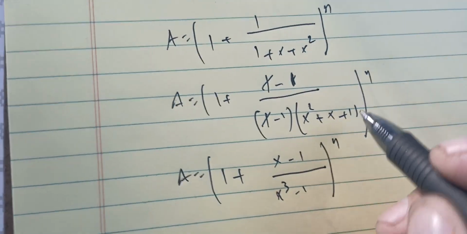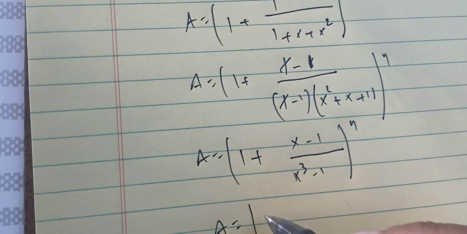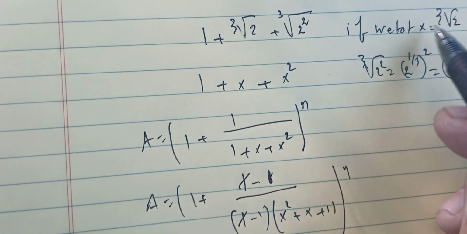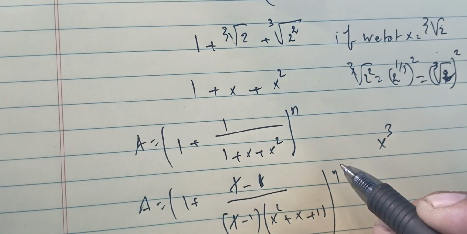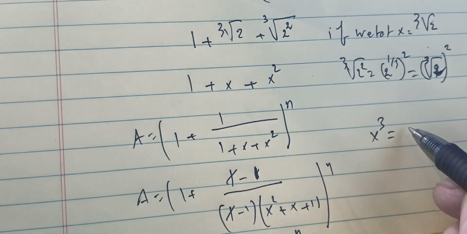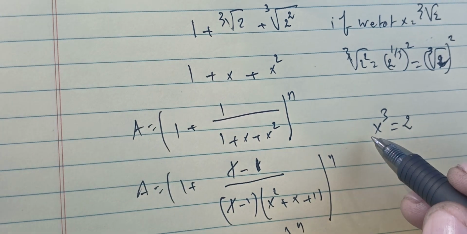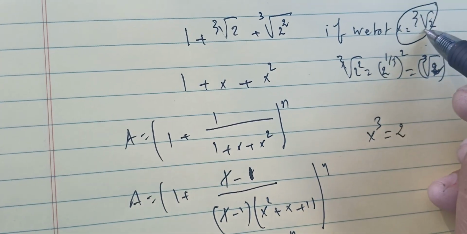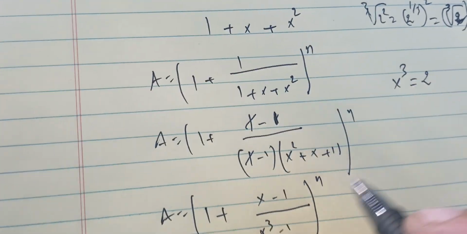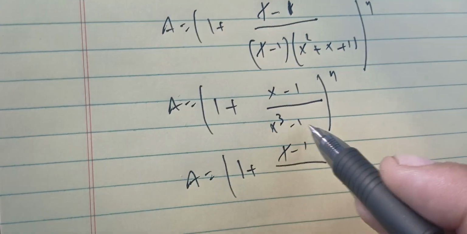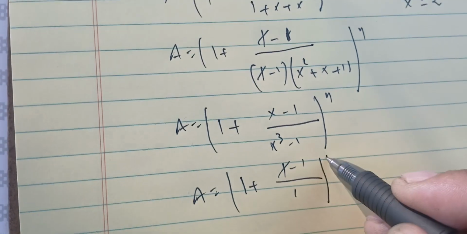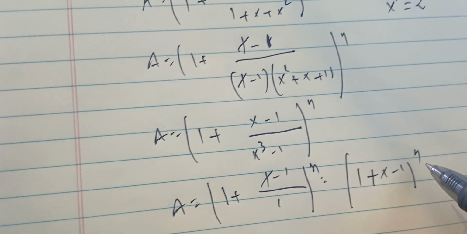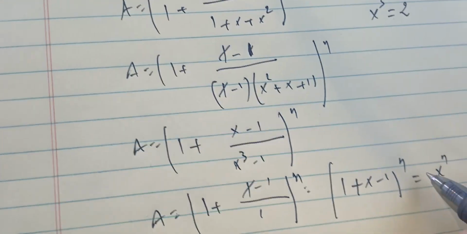So we have 1 plus (x minus 1)/(x cubed minus 1), all to the power n. Since x is the cube root of 2, x cubed is 2, so x cubed minus 1 is 1. Therefore we have (1 + x minus 1) to the power n, which is x to the power n.